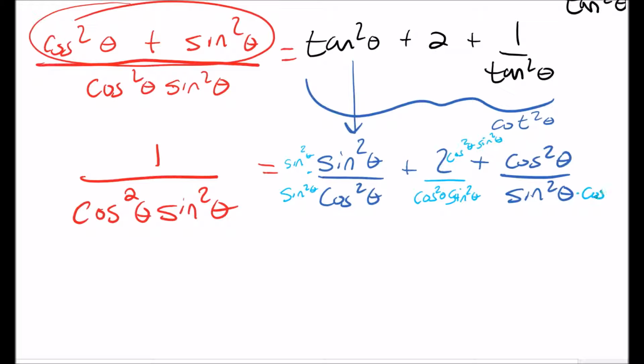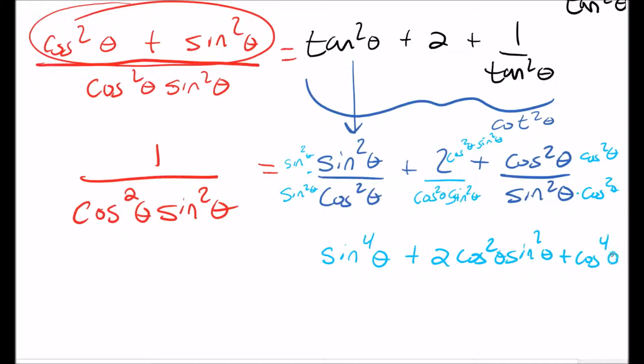And then this one needs to be multiplied by cosine squared theta. Okay, so sine squared times sine squared is going to become sine to the 4th theta. Then we have 2 cosine squared theta, sine squared theta. And then on the right here we have cosine to the 4th theta. So that's all over cosine squared theta, sine squared theta.